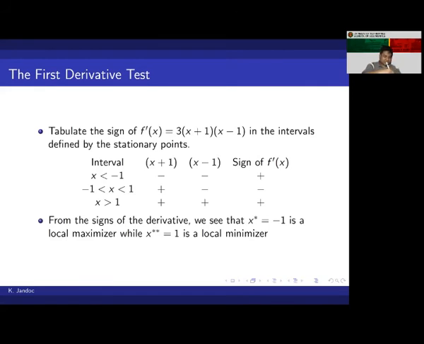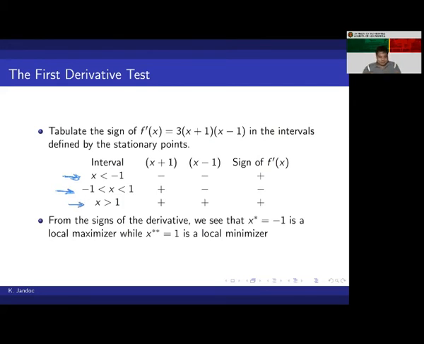So we have three such intervals. The first interval is when x is less than negative 1. The second interval is when x is between negative 1 and 1. And the third interval is when x is larger than 1.